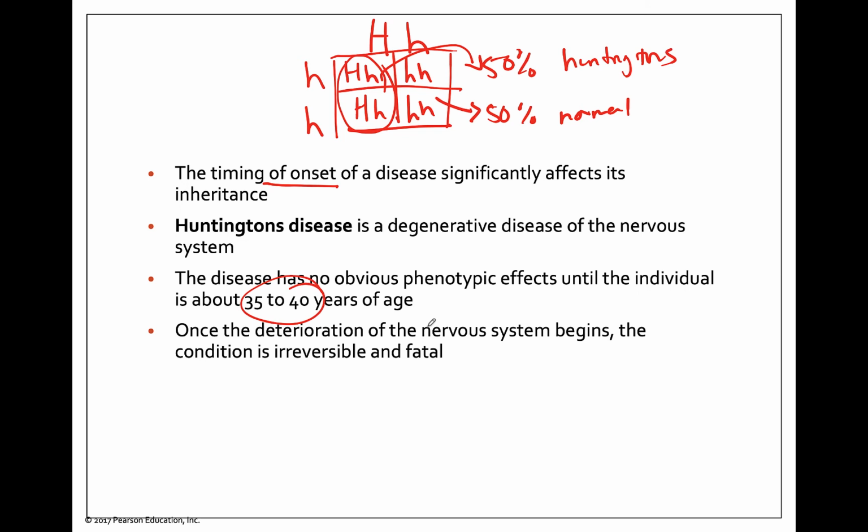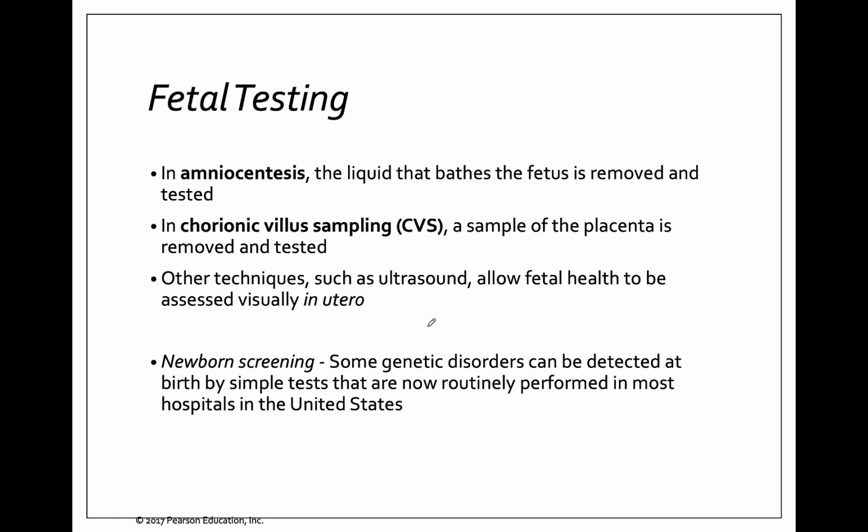So somebody who finds out they have Huntington's would want to do genetic panels on any of their children to find out if they also have Huntington's. We do a lot of testing nowadays with modern medicine to look for genetic disorders so that parents are aware of their chances of passing on genetic traits, as well as prepared to deal with any genetic disorders that they find in infants.